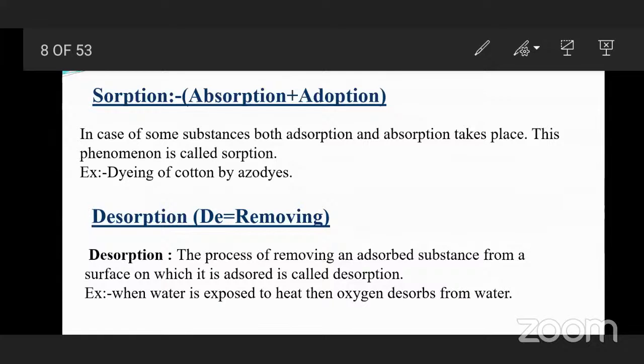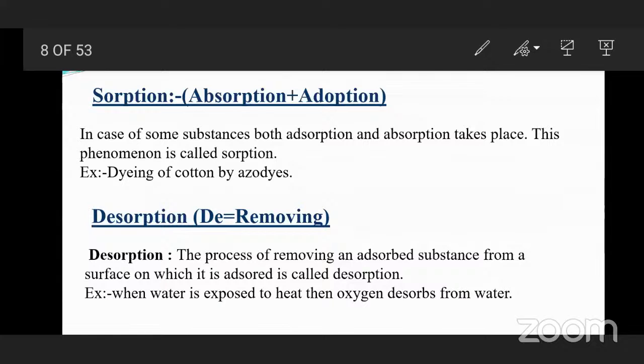Here, sorption and desorption. Sorption means absorption plus adsorption. Desorption means removing or eliminating the adsorption process.